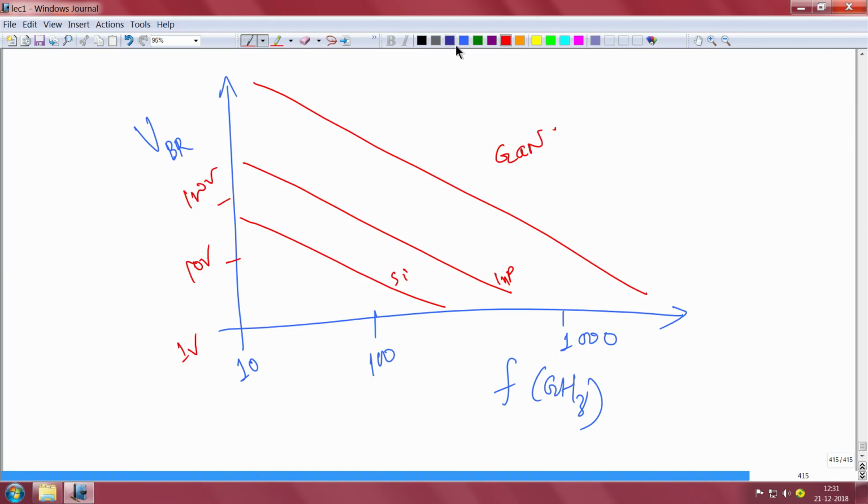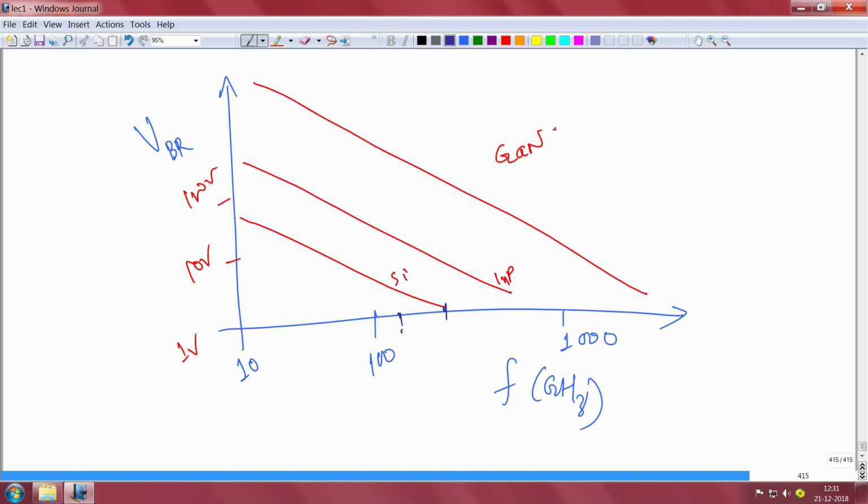I'm not drawing accurately, but if you draw accurately, you will see that if you want to get a frequency response of say 200 gigahertz cutoff, this is not 200 gigahertz, sorry. This will probably be around 600-700 gigahertz in this case.